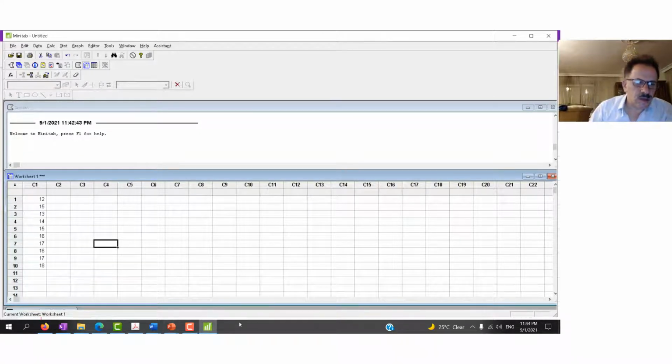So we have 10 numbers. Here are the 10 numbers that we have.